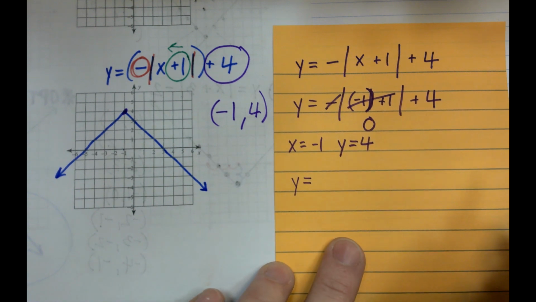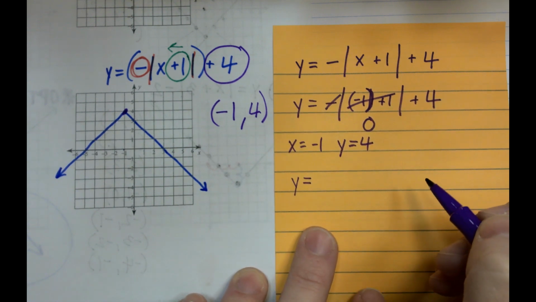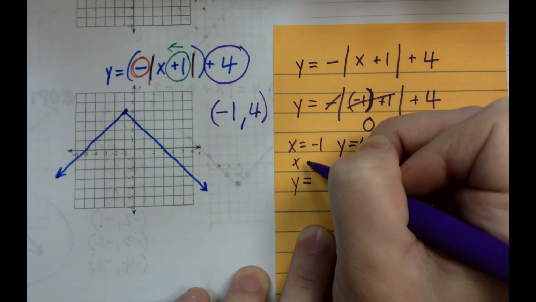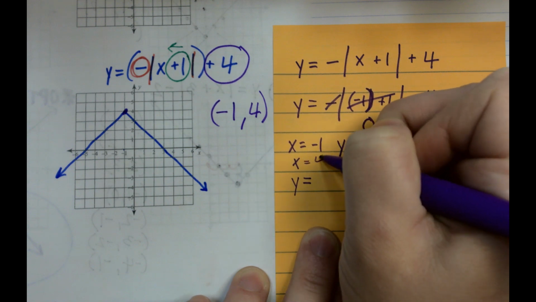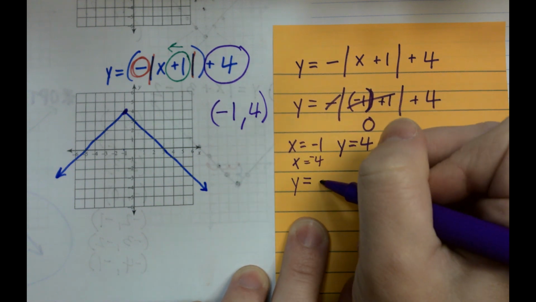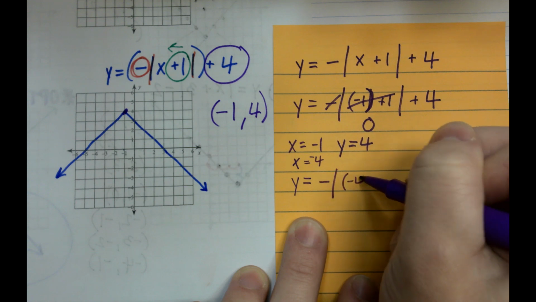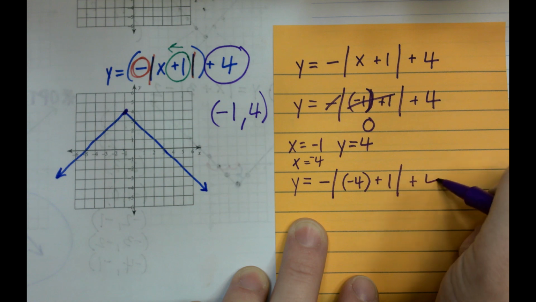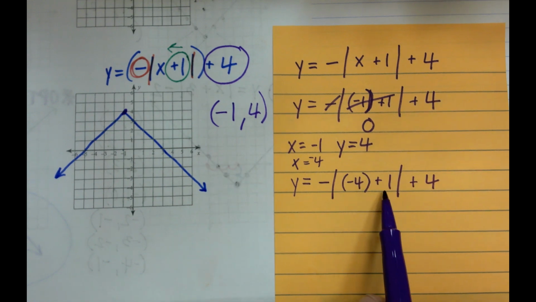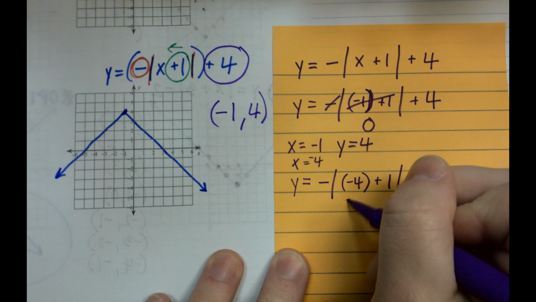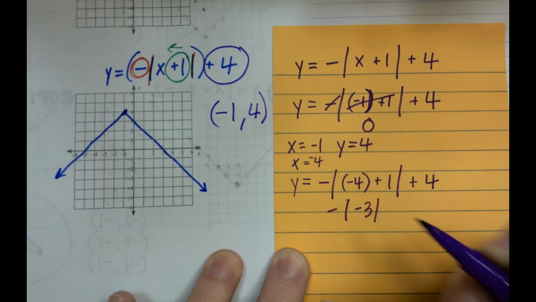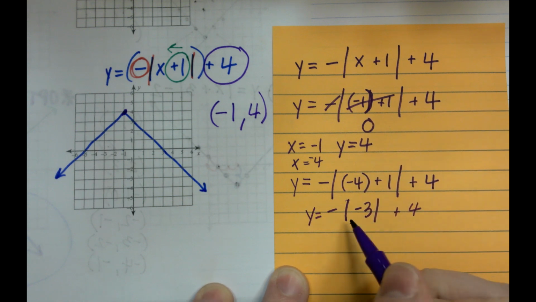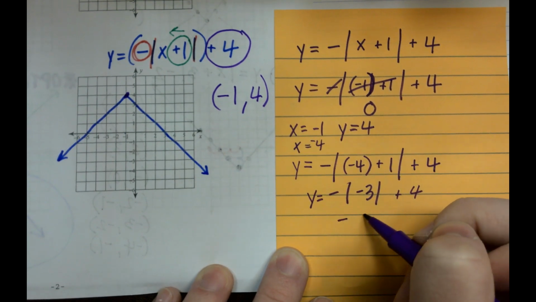Right. So let's plug in -4 for x. We would get -4 plus 1, plus 4. What is -4 plus 1? -3. It's the absolute value of -3, which is 3.